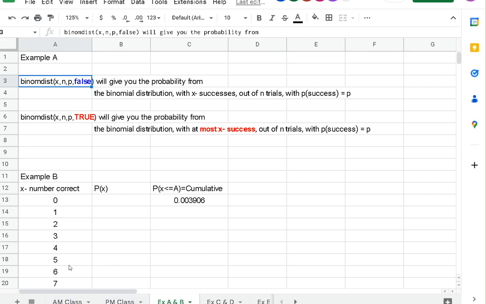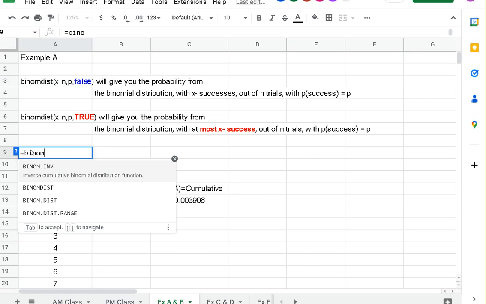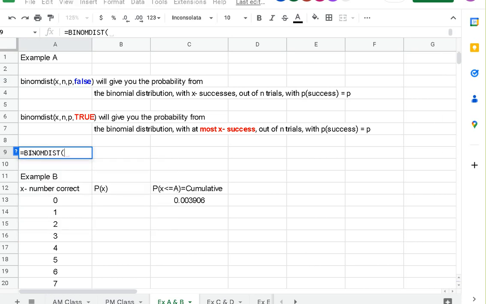And I hope that you follow along and do that. In fact, binomial distribution. Let's see, 1, 3, 0.3, false.